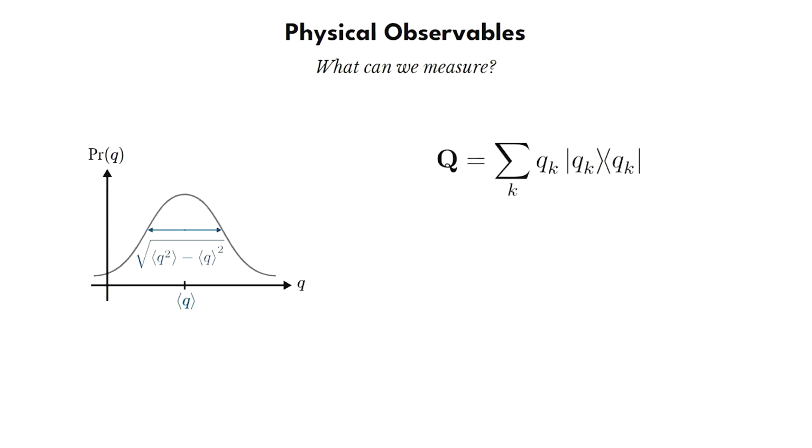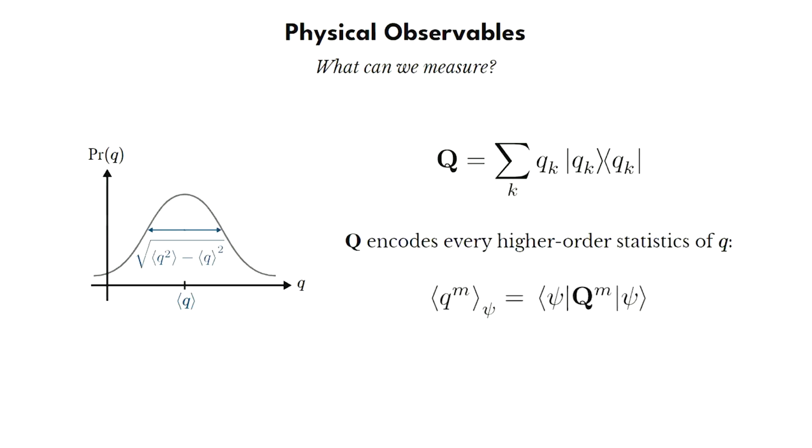This matrix is what we can observe from a quantum system. Now, what are the properties of this matrix? First, it encodes every higher order statistic, which means if you multiply this Q matrix many times, it's equivalent to taking the power of the diagonal entries, power of m.